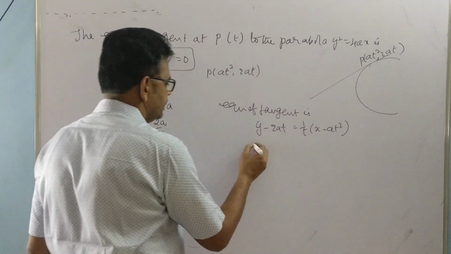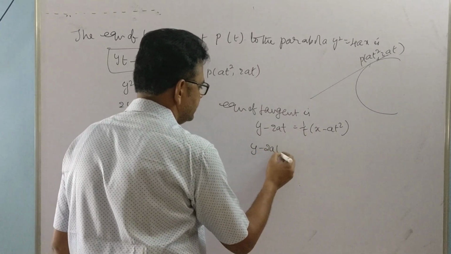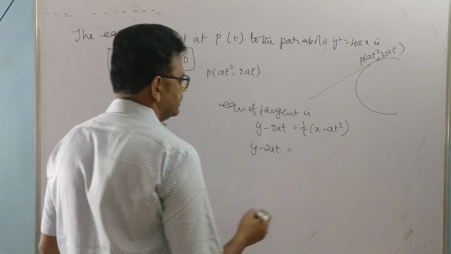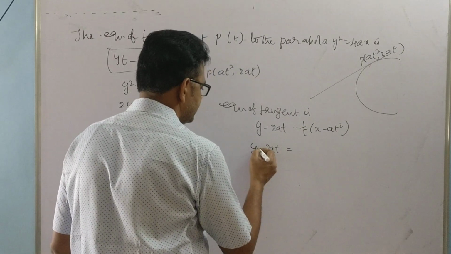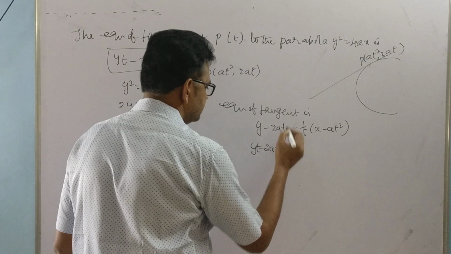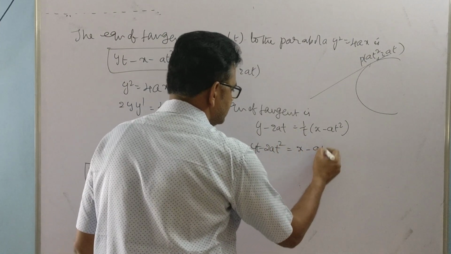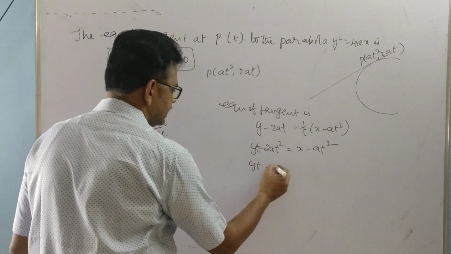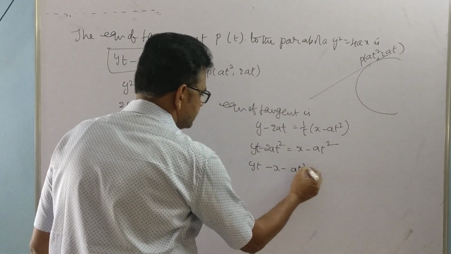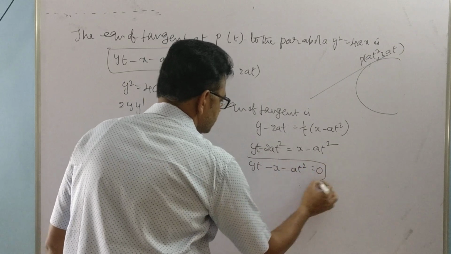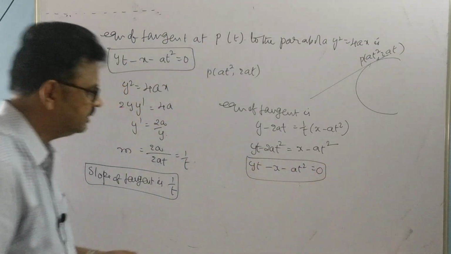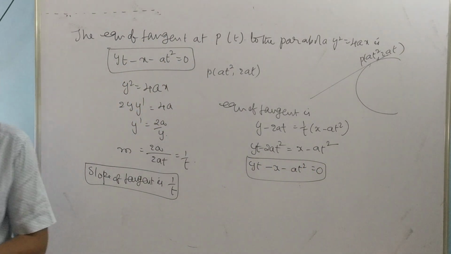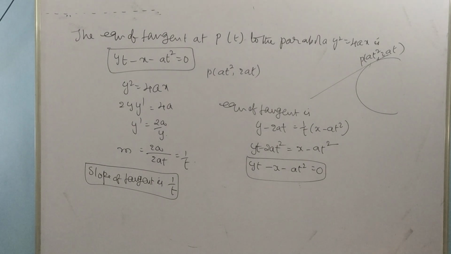So this is y minus 2at into 1 by t, that is yt minus 2at is equal to x minus at square. Therefore this is yt minus x minus at square equal to 0. So this is the equation of tangent at the point t to the parabola y square is equal to 4ax.